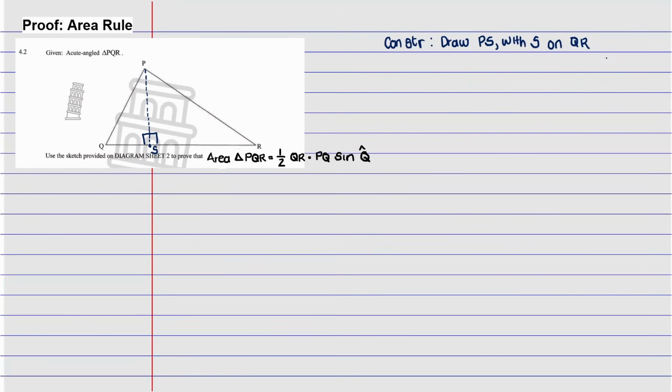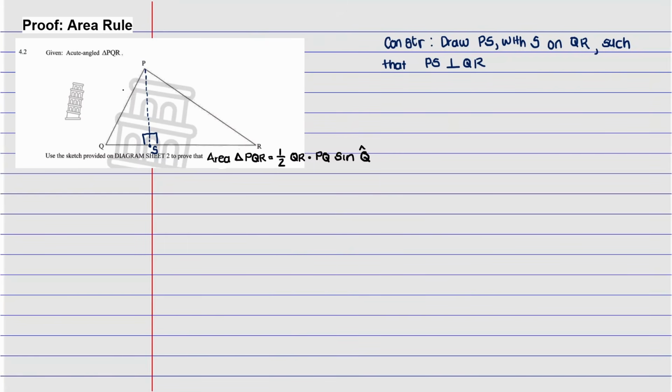But we know that, such that, this PS, the line that we just formed, is perpendicular to QS. So you're going to say, comma, such that PS is perpendicular to QR.